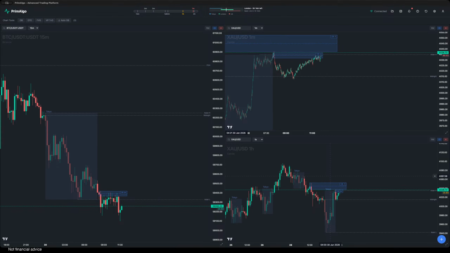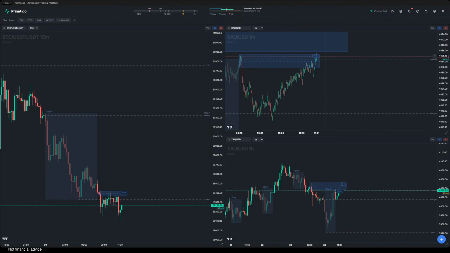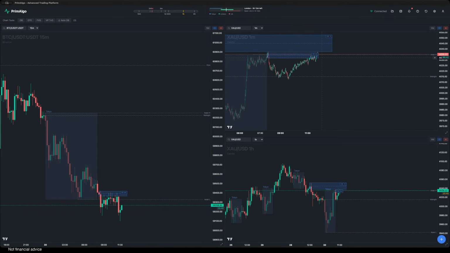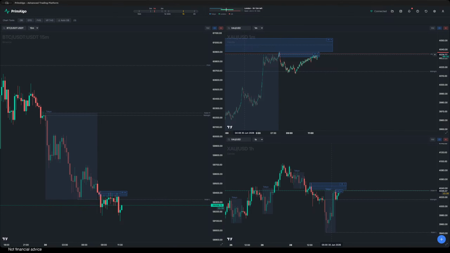To go to these levels here. Or even higher. Right? So then if we close above this, just tagged. Okay, we've been stopped out. It happens. Knowing that we didn't make the first TP.